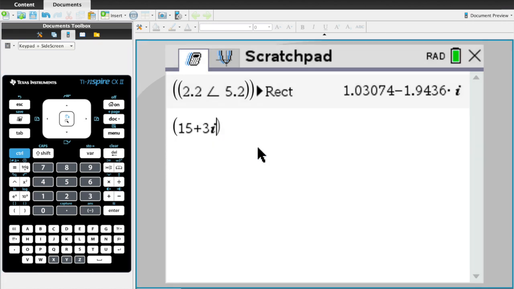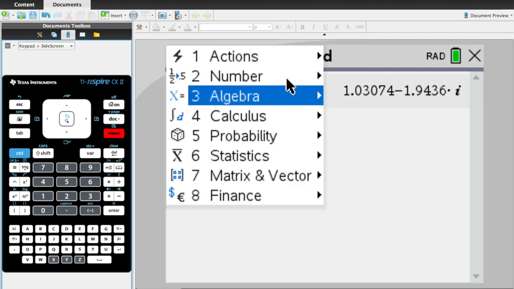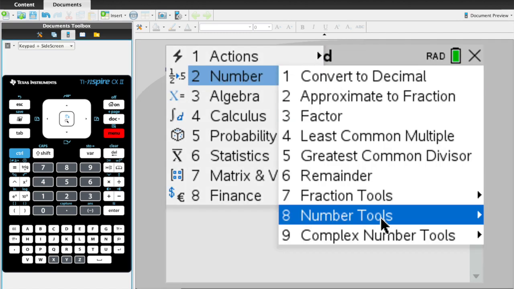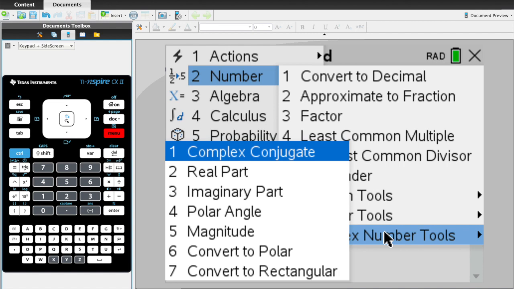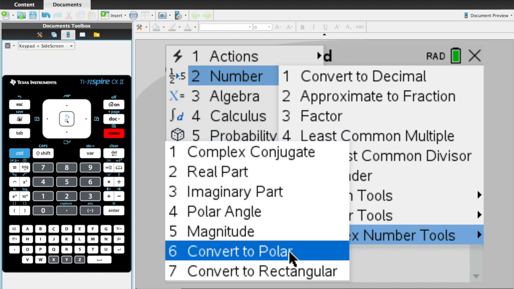Okay, so when I put this in, it will recognize this as a rectangular number, where -15 is the x-coordinate and 3 is the y-coordinate. All right, let's change that. Menu, Number, Complex Tools, and this time we're going to convert this to polar.